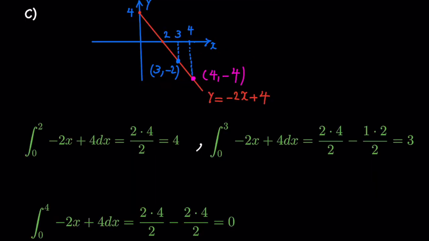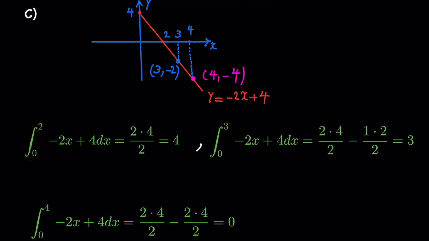Here I'm given the graph of the function y equals -2x plus 4. This is just a straight line that I have graphed there. In the first part, I'm going to evaluate the integral from 0 to 2 of this function -2x plus 4.